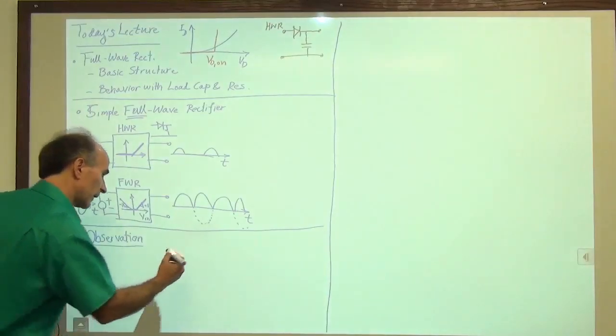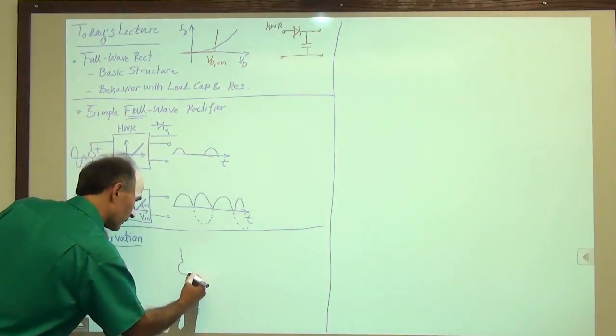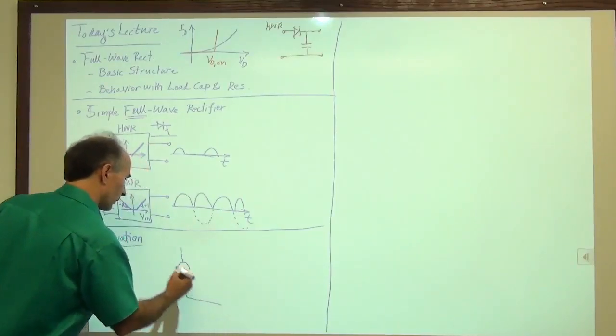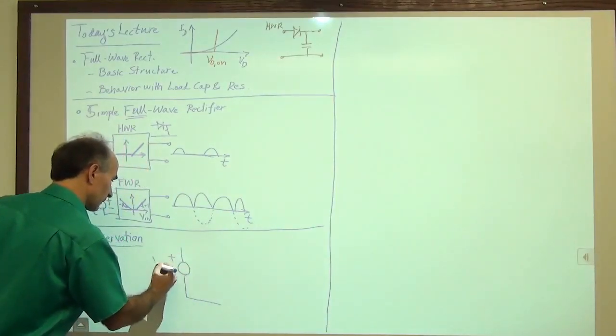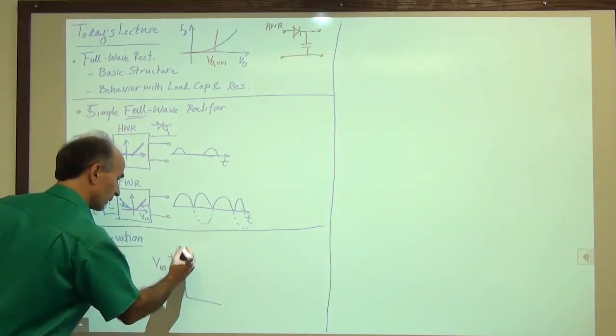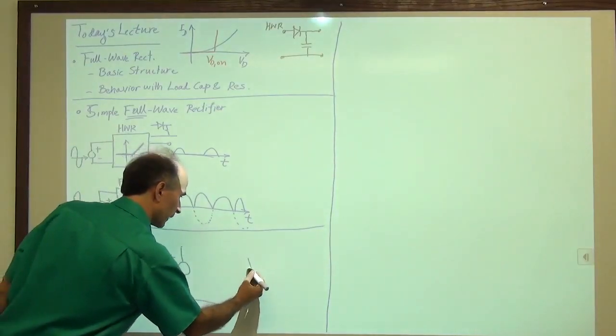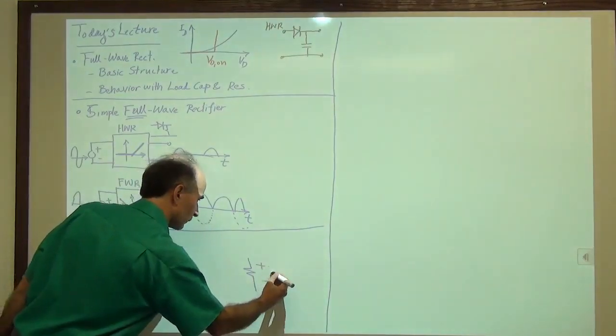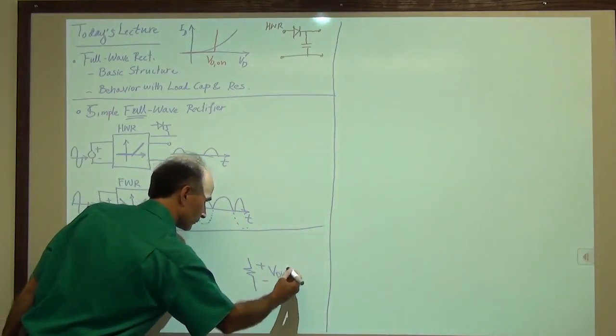All right, so here's a voltage source which we will call Vin. And I have a resistor here, and I call the voltage on it Vout.